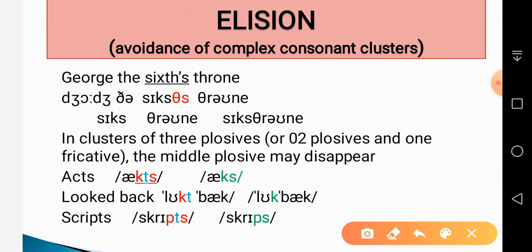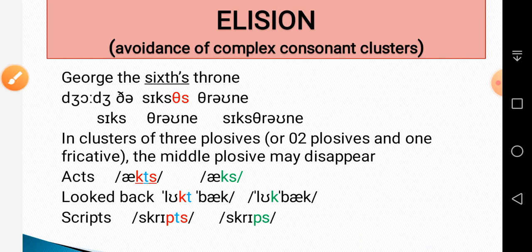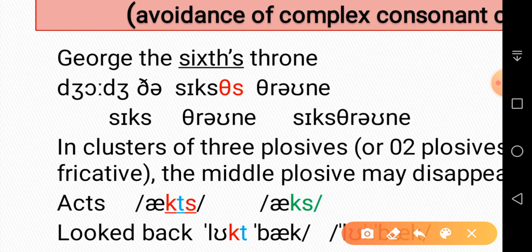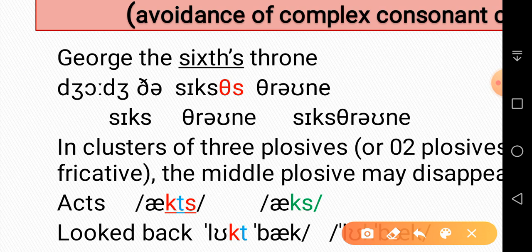Avoidance of complex consonant clusters. If there are too many complex consonant clusters, they demand a lot of energy and effort. Now see this phrase, George the sixth throne. The clusters here demand a lot of effort to articulate.